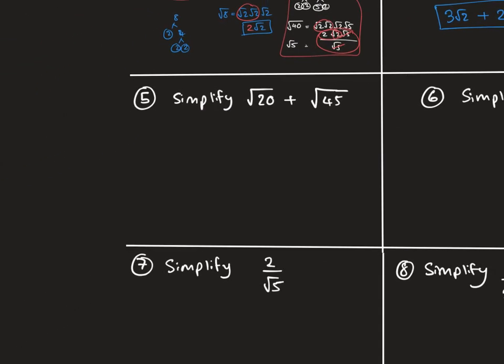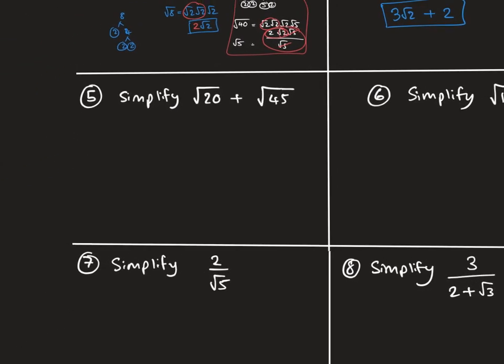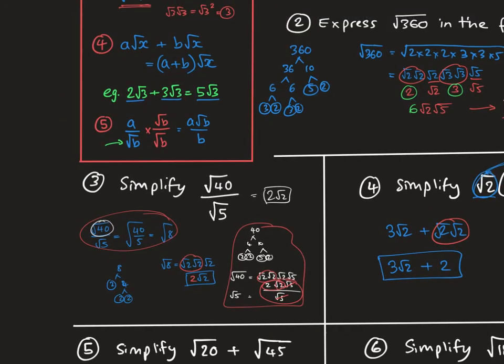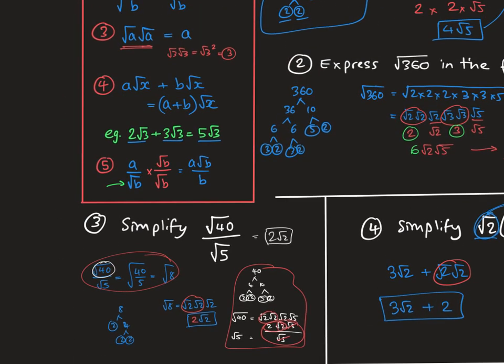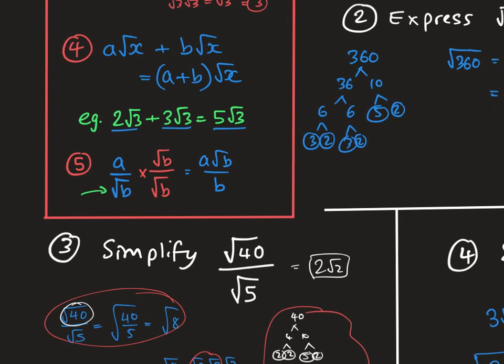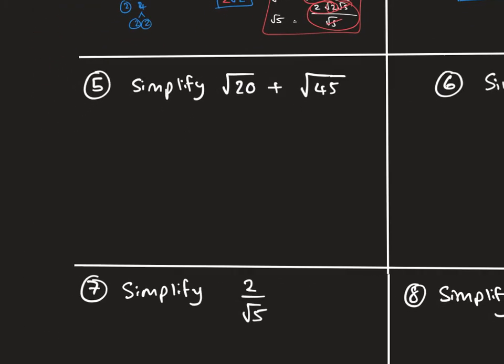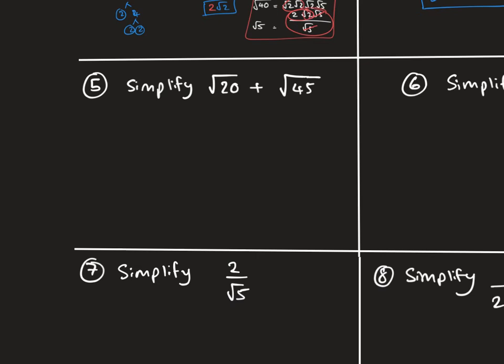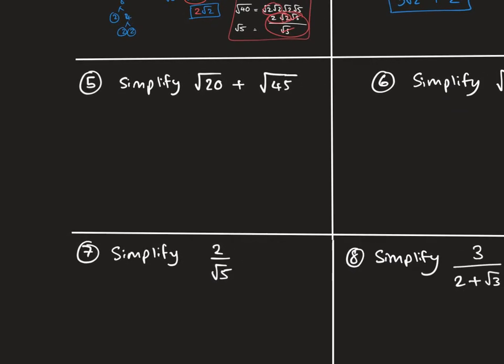Now, let's have a look at this next question here. Just quickly going over these rules. Remember, if we have a look at rule 4, if you have, say, 2 root 3 plus 3 root 3, as long as the root 3s are the same, it is possible to add them. In this case here, root 20 and root 45 are not the same. So what we can actually do is split them down.